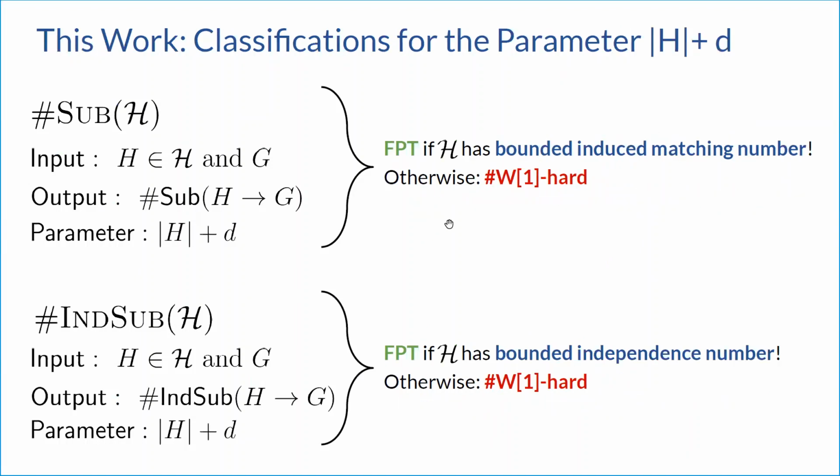And we prove that if you parameterize by the size of the pattern and by the degeneracy of the host graph, then we get fixed-parameter tractability for subgraphs if and only if the induced matching number is bounded, and we get fixed-parameter tractability for counting induced subgraphs if and only if the independence number is bounded. And then in all other cases, we can prove #W[1]-hardness.